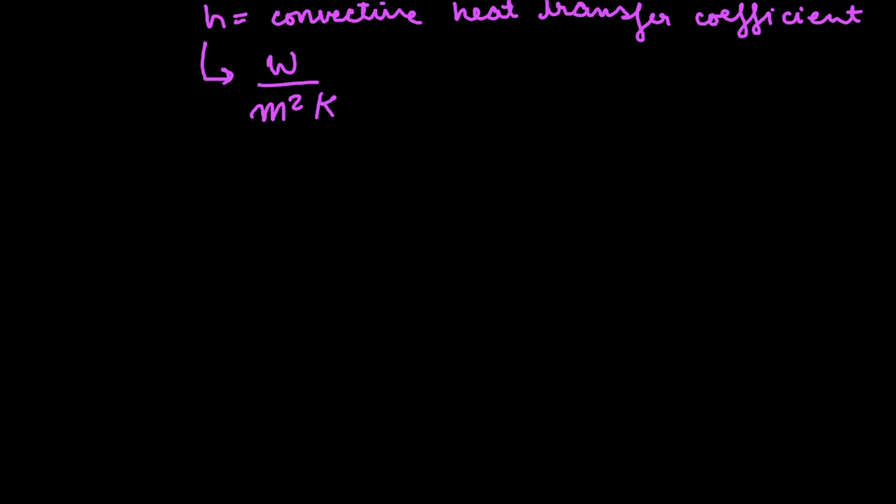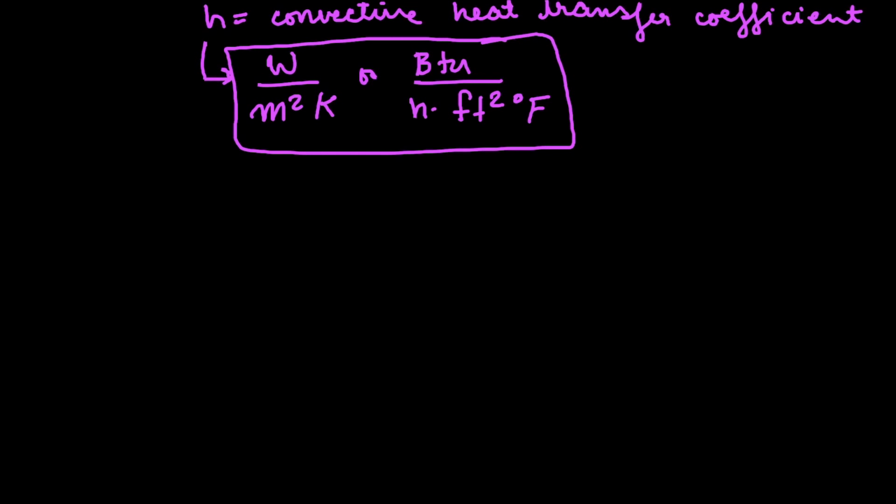Watts per meter squared times K, or it's BTU per hour times feet squared times degrees F. These are the units for h.